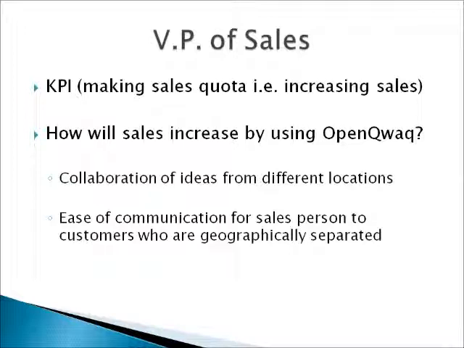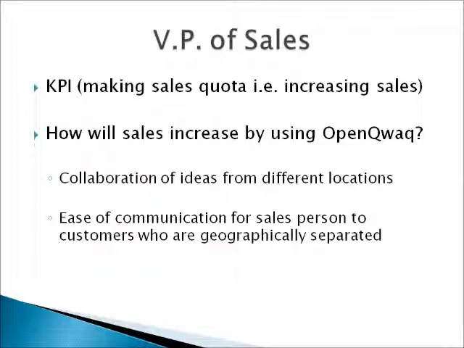It's absolutely imperative that you know that the KPI for the VP of Sales is making sales quota. That is the number one thing that drives the VP of Sales. So the question is, how will sales increase by using OpenQwaq? You must communicate with the VP of Sales that sales will increase because OpenQwaq allows for the collaboration of ideas from different locations.